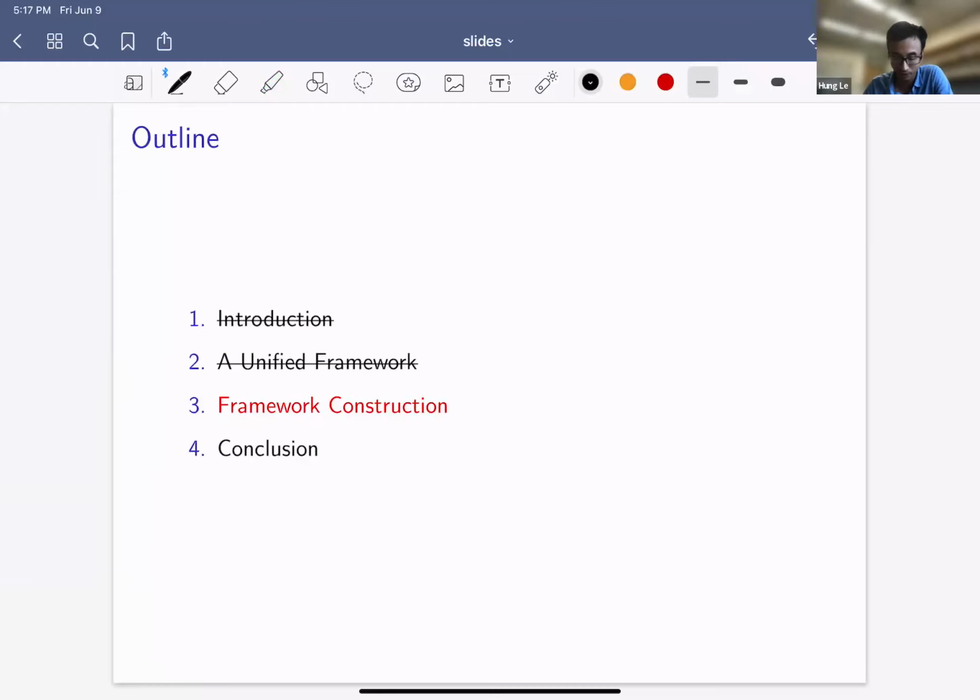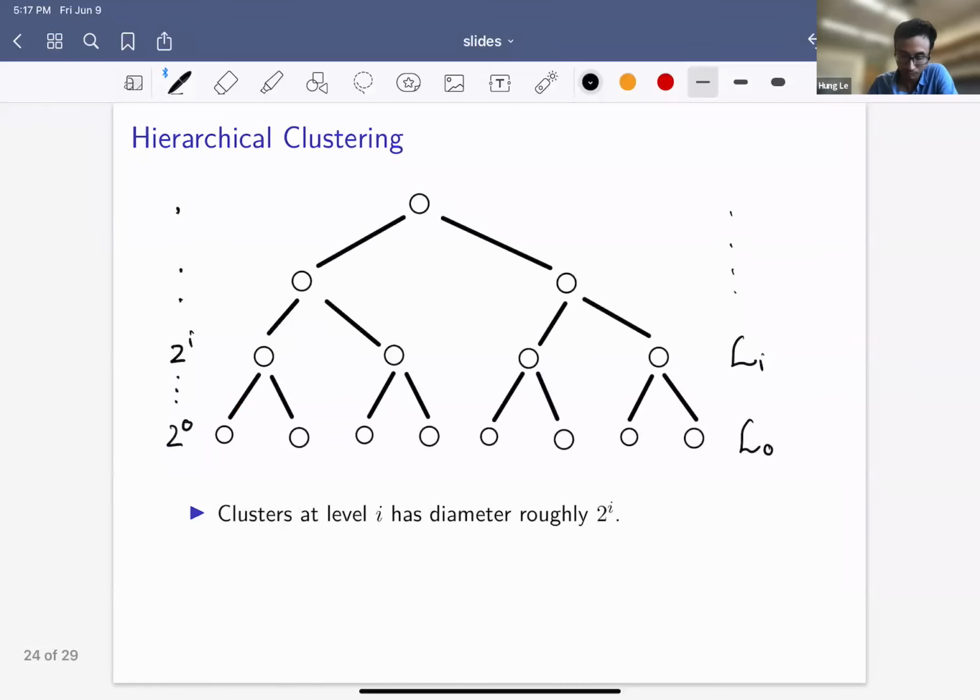Well, the proof is complicated and a bit involved, so you are recommended to check out the paper. But here I give you the high-level idea. The first idea, which is very classical in constructing spanners, is hierarchical clustering.